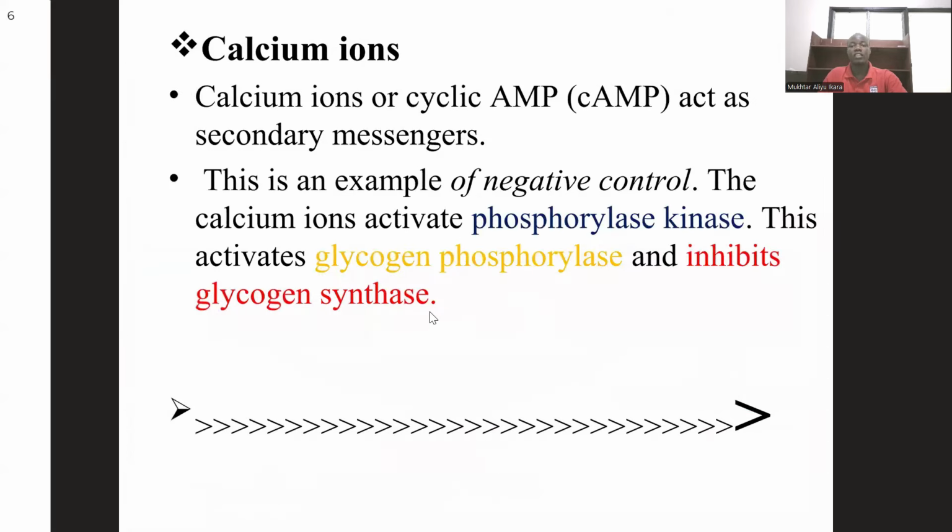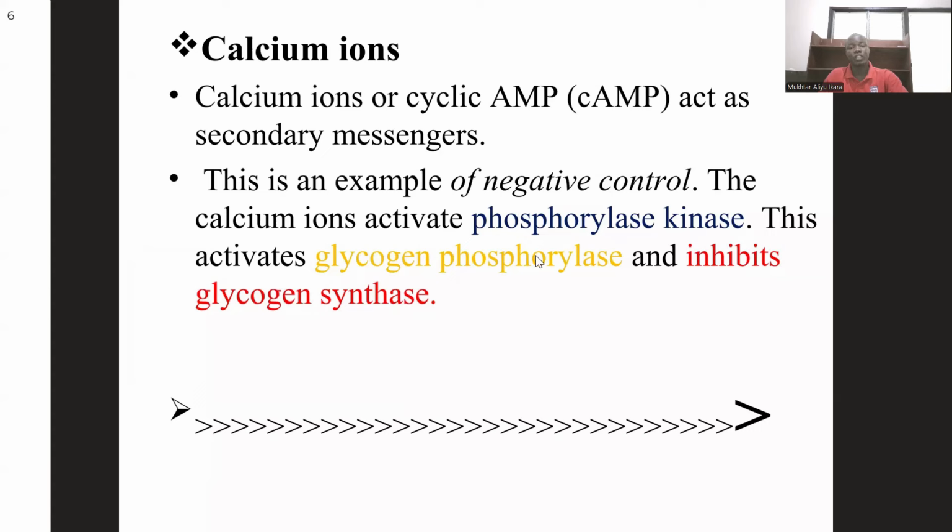So the next thing, what is the effect of calcium? Calcium ions or cyclic AMP act as a secondary messenger, and these are examples of negative control. Calcium ions usually activate phosphorylase kinase, and of course this kinase is an enzyme that activates glycogen phosphorylase.